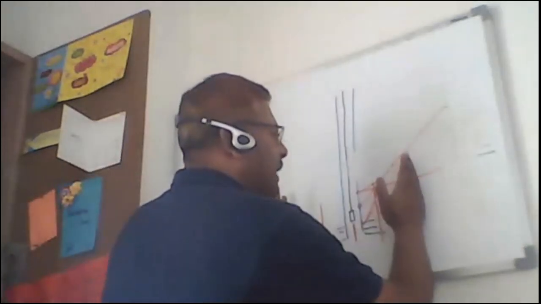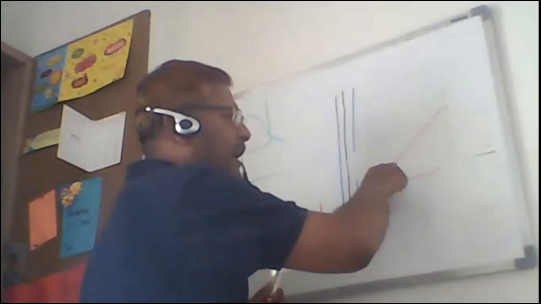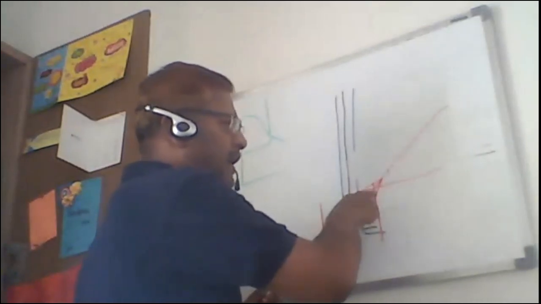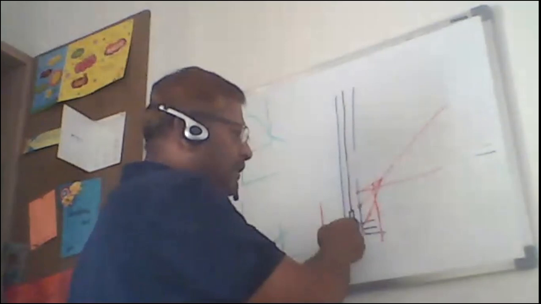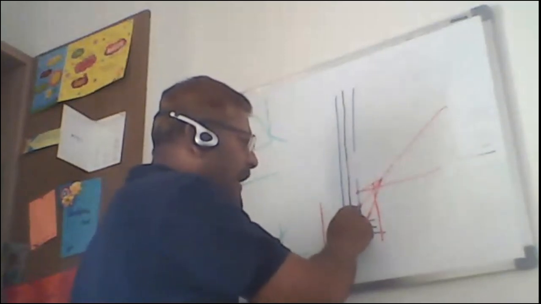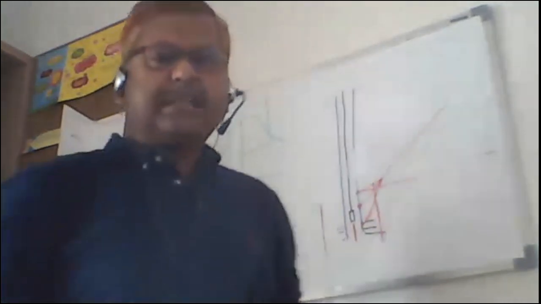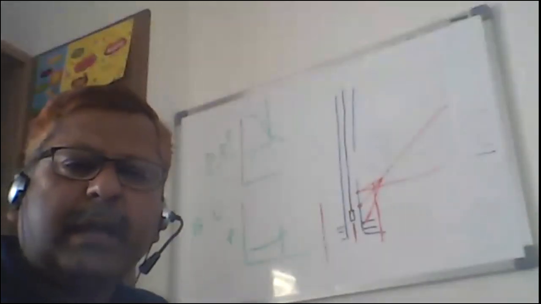That means it appears my wellbore has been expanded, so it should be here or maybe here. But in case of negative skin, I should expect pressure normally here, but I am getting less pressure than this. So my wellbore has been reduced.